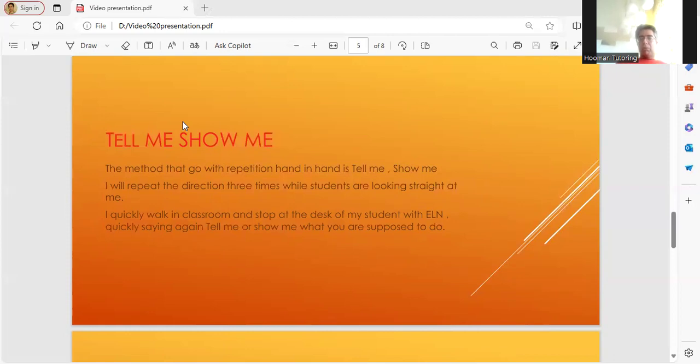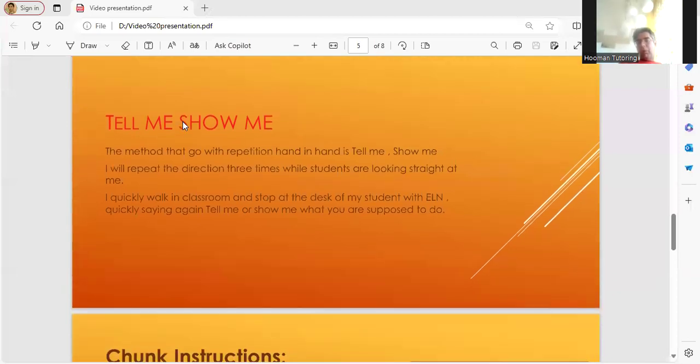Then I quickly walk around the classroom and stop at the desk of my student with ELN. Quickly I will ask the student to tell me or show me the concept again. This will be helpful for this kind of student.